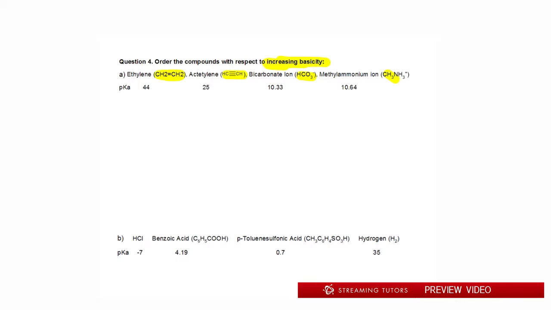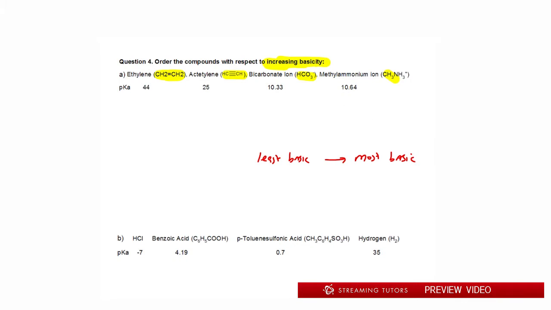Okay, so in this case, we're just going to look at the numbers, right? Now we're going from least basic to most basic. So what we're going to do is look at the numbers. We want the highest number on the right side and the lowest number on the left side. So 10.3 is the smallest number of these 4, so it's the most acidic, which makes it the least basic.